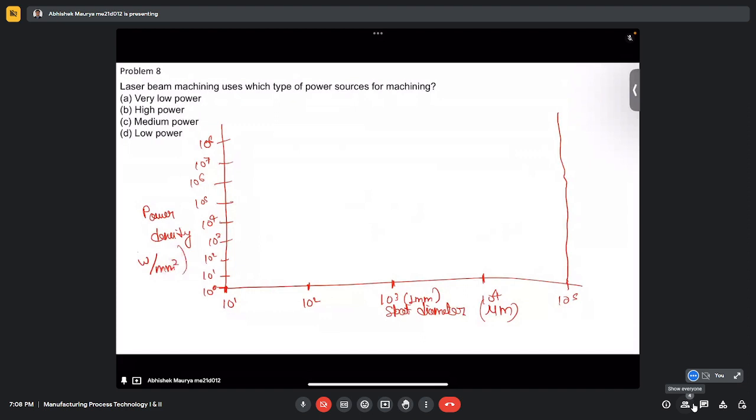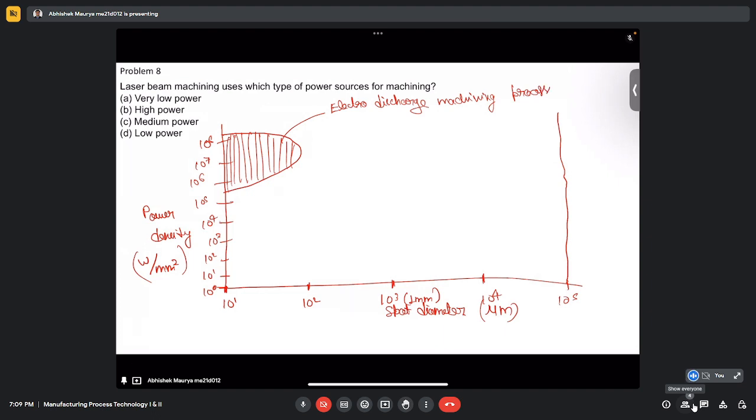I will draw some regions. This region is used for the electro discharge machining process. You can see it is on the higher side.